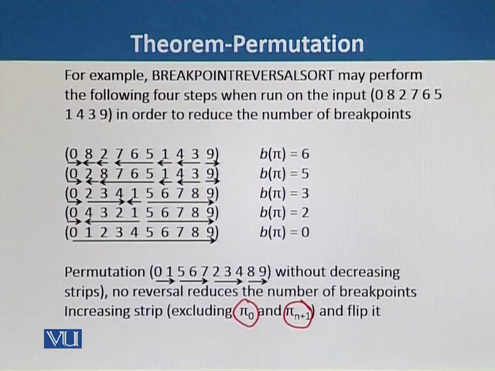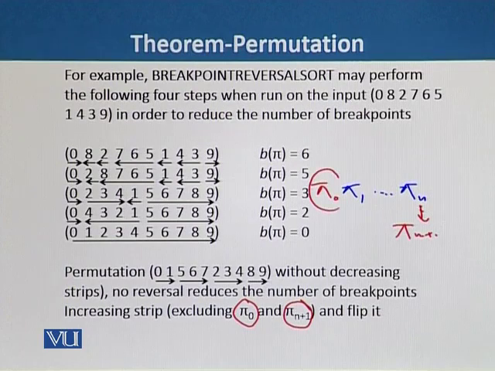Remember that in pi 1 to pi n, we have added two values: pi naught in this direction, and then we will add pi n plus 1 in this direction.